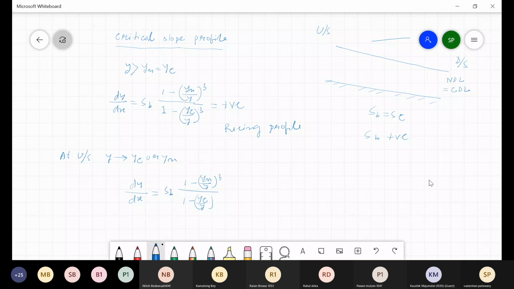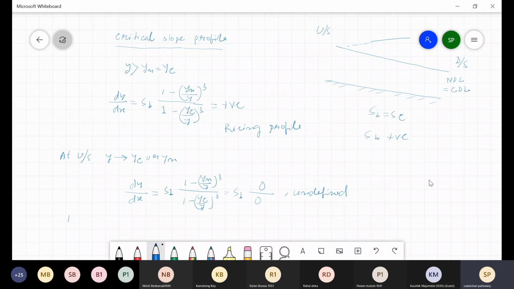Ultimately this is SB into 0 by 0. 0 by 0 means what? Undefined. So you have to make this a dotted line. You don't know where it will meet. Clear? Yes, sir.